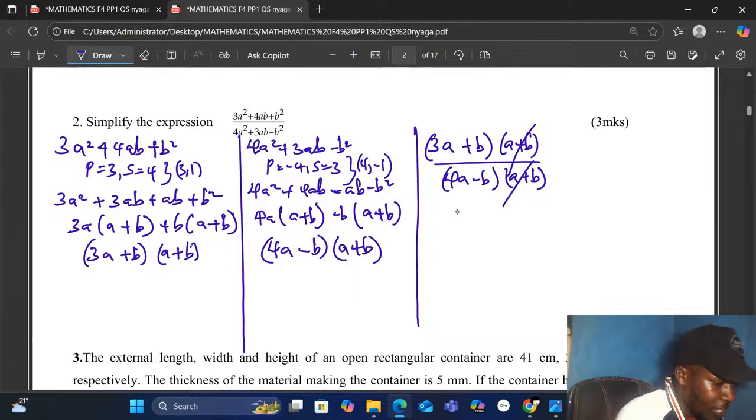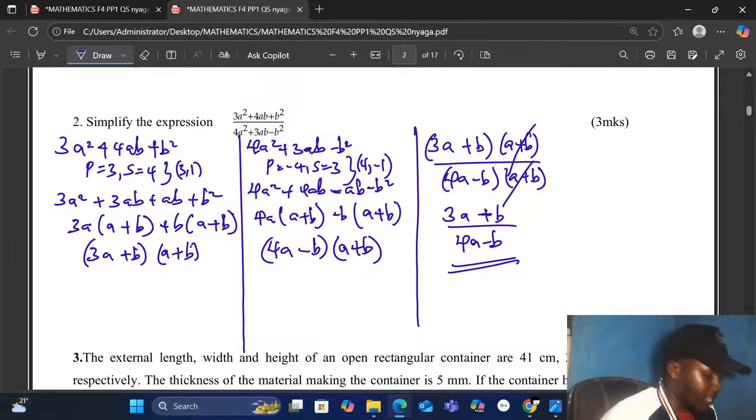Then we remain with 3a plus b over 4a minus b. This becomes your final answer when you simplify the given expression.